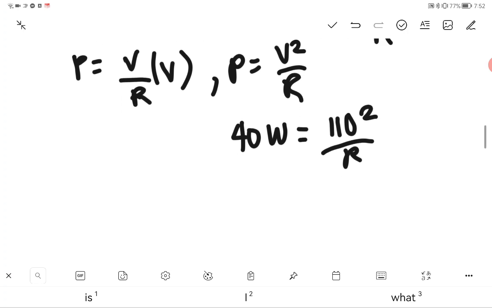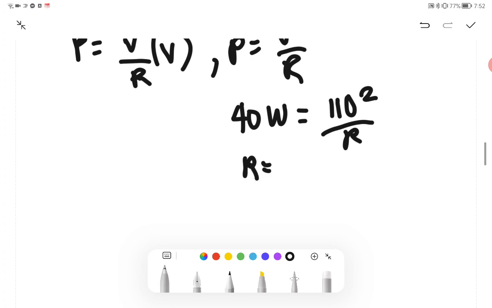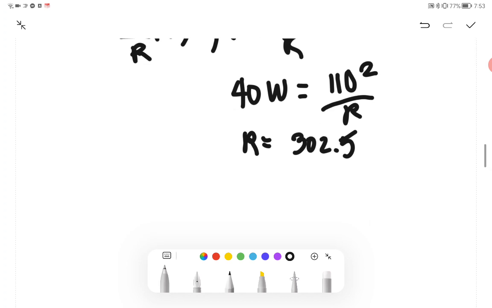We will obtain the value of our resistance, which is equivalent to, I mean, 302.5. Sorry. We have the value of 302.5.